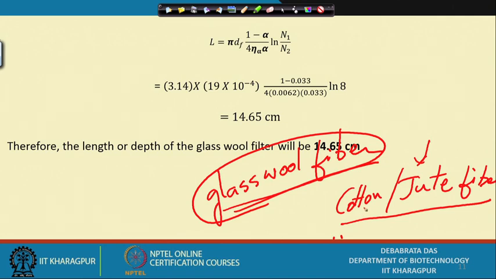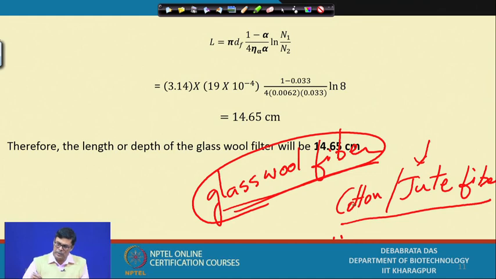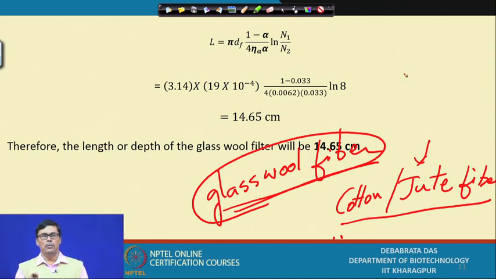Another problem is that when you pass air through a filter, there will be some resistance to the flow of air. As there is resistance, there will be friction, and as there is friction, heat generation takes place. Now, jute and cotton fiber can catch fire very easily, but in case of glass wool fiber, the fire temperature is quite high.